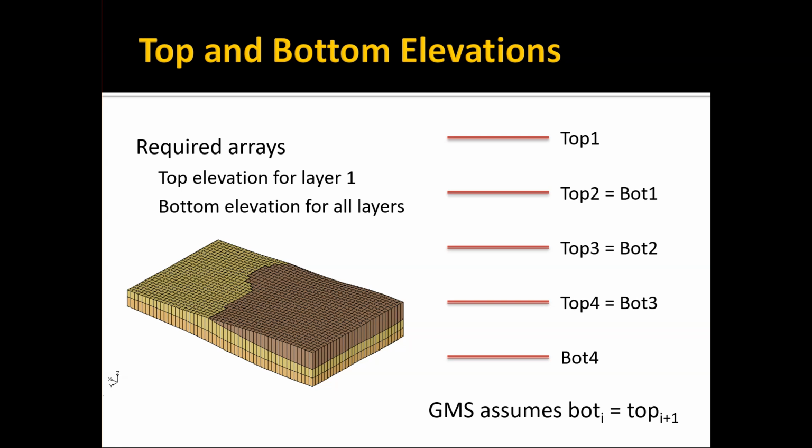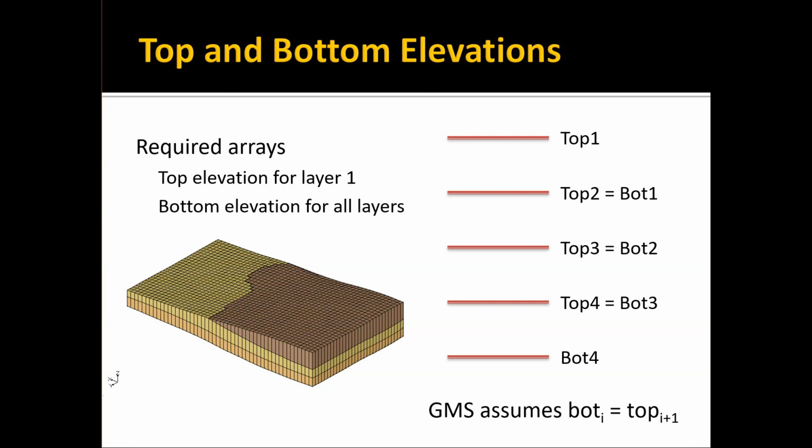More specifically, for a multi-layer MODFLOW grid, every layer has an array of top elevations and bottom elevations. Theoretically, it's possible for the bottom elevation in one layer to not match the top elevation in the layer below. There's a way to do implicitly defined confining units, but in GMS, the assumption is made that, for example, the top elevation of layer 2 is equal to the bottom elevation of layer 1, and so forth.